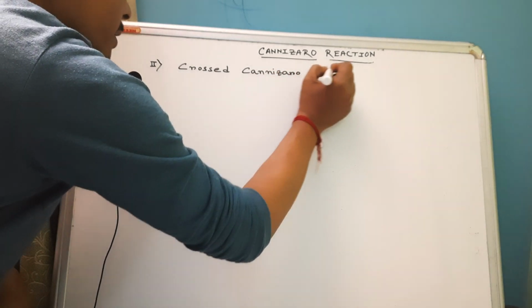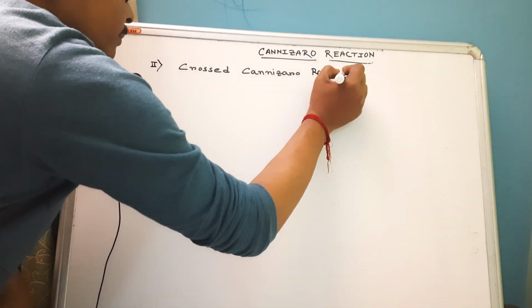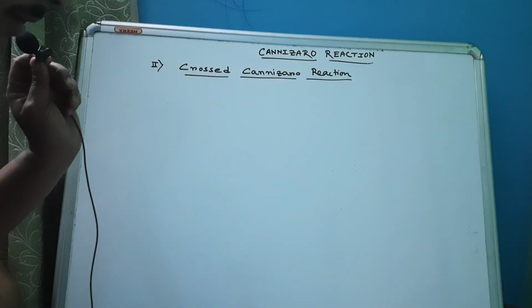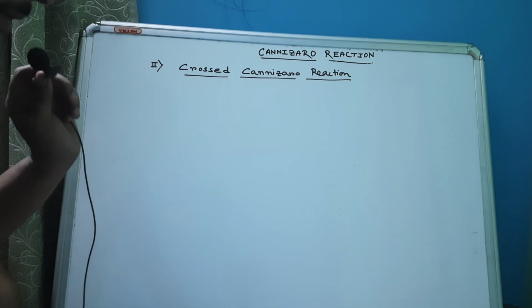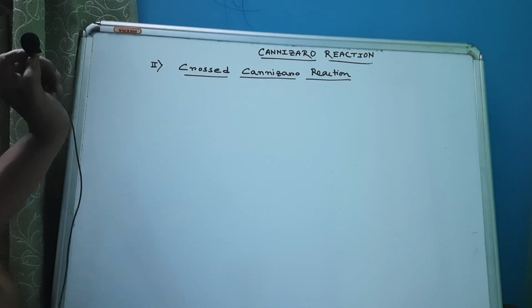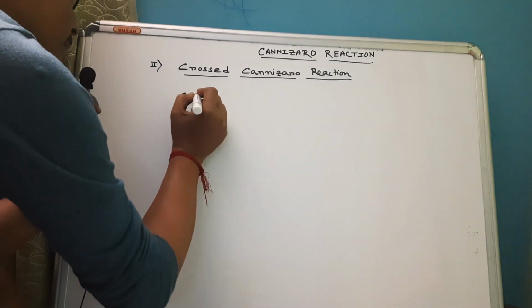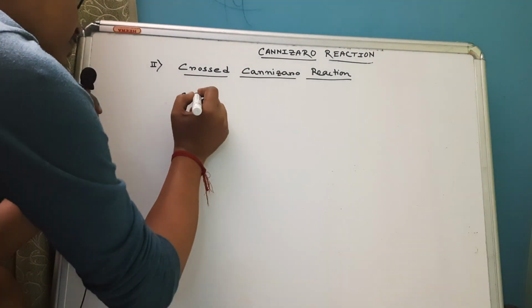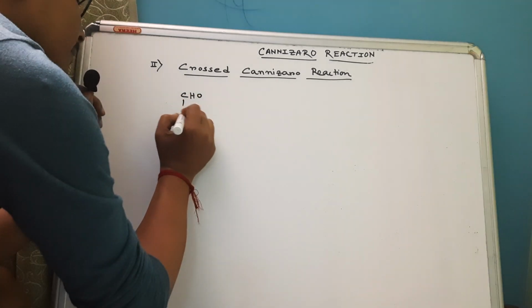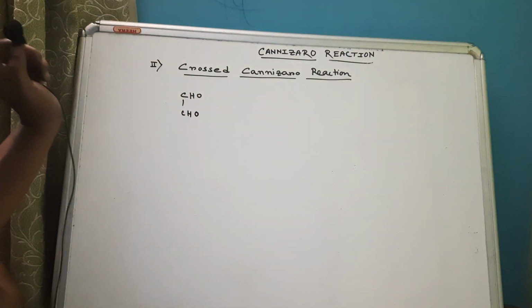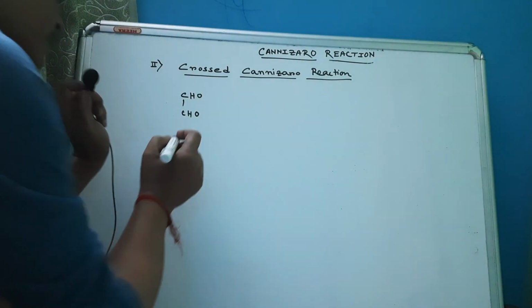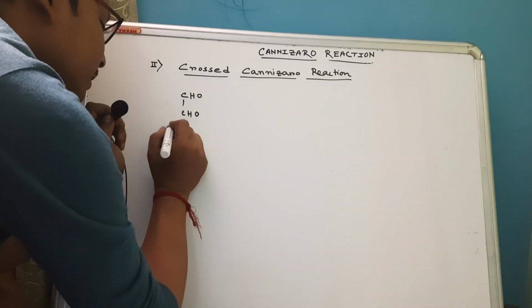Cross Cannizzaro reaction. So let's have an example of cross Cannizzaro reaction. This is an aldehyde and this is known as glyoxal.